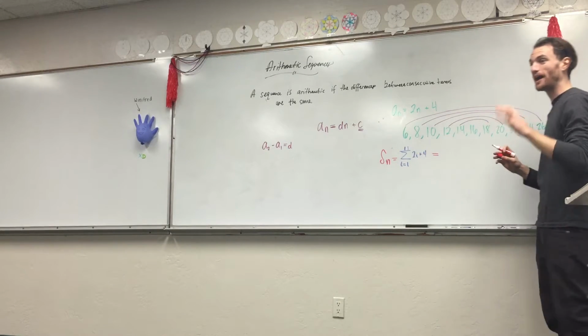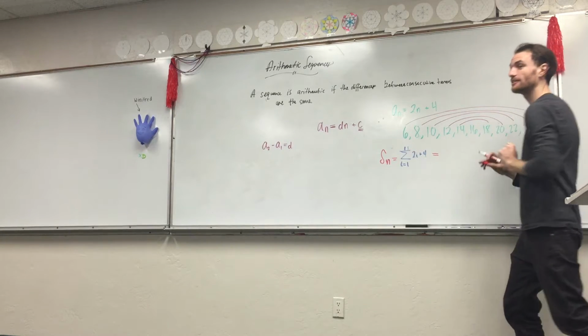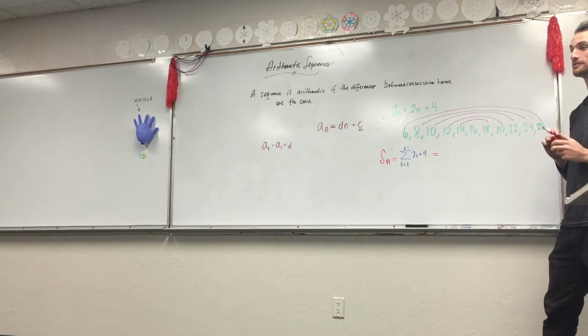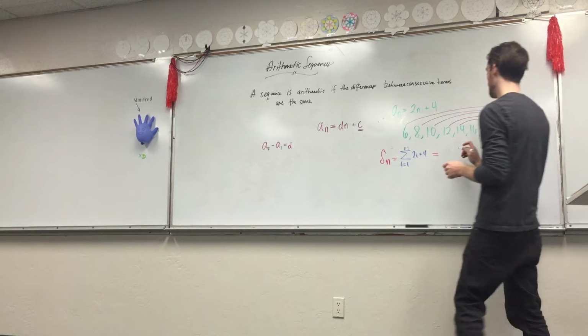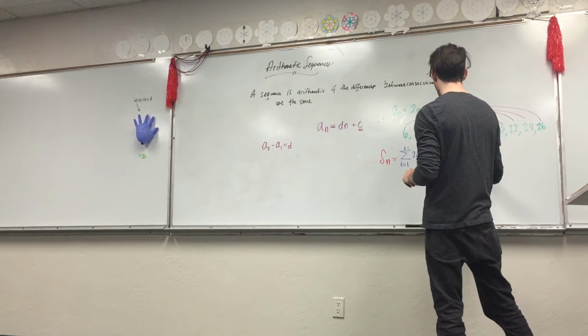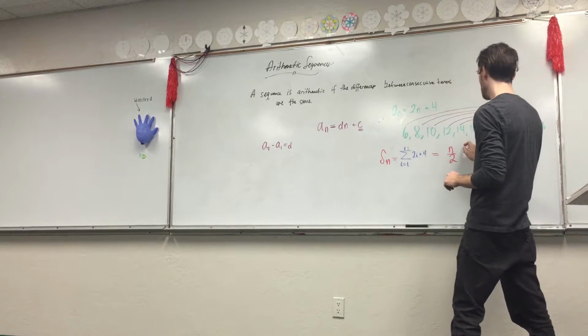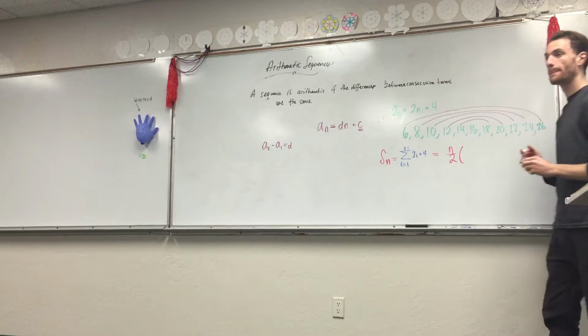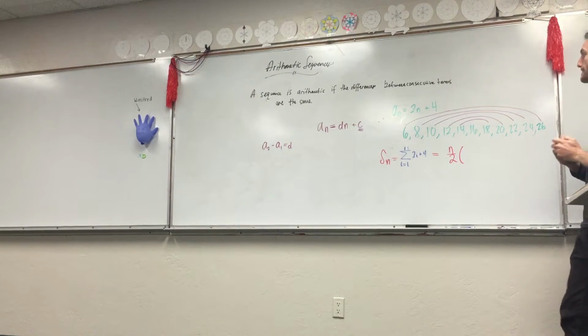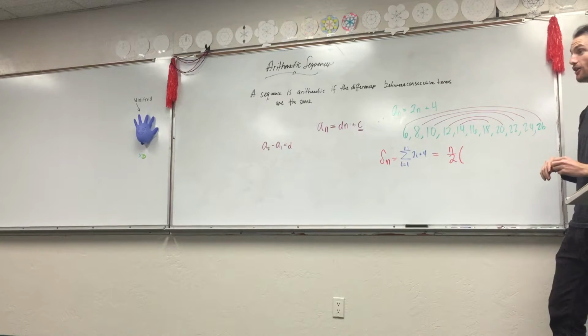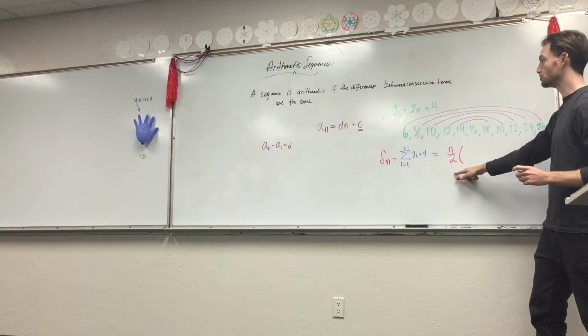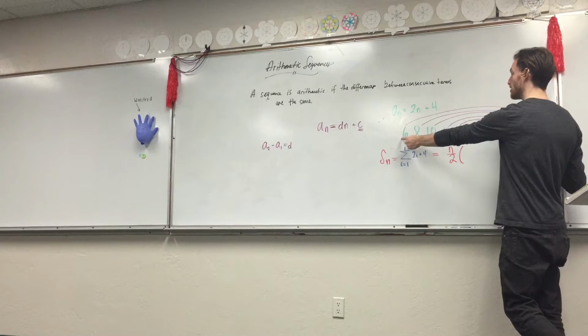So how many pairs do I have? n is 11. What's 5.5 compared to 11? 2 times 5.5 would be 11, right? So I have n over 2 pairs of what? Of 32. I have n over 2 pairs of 32.